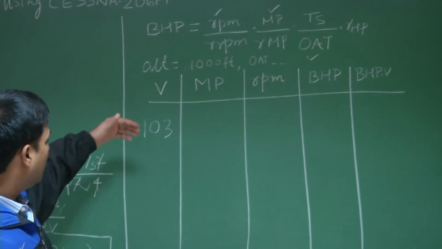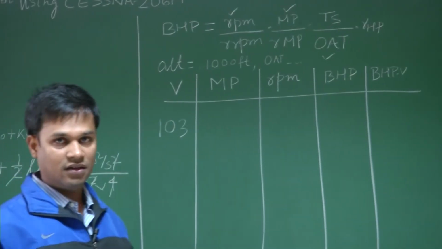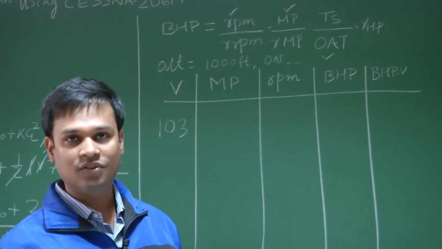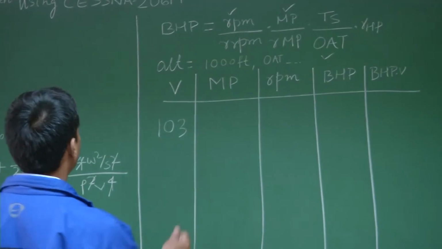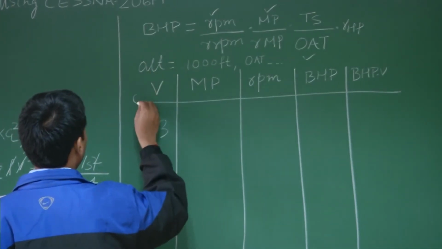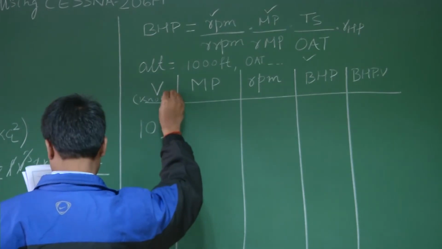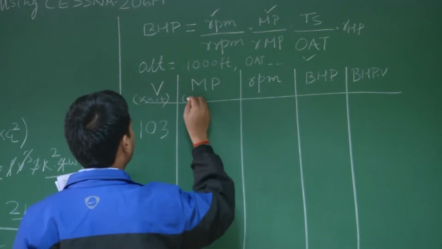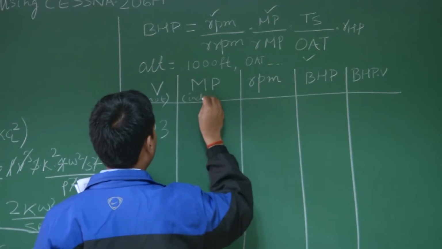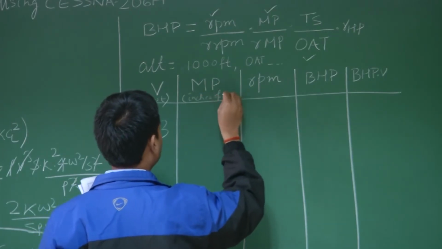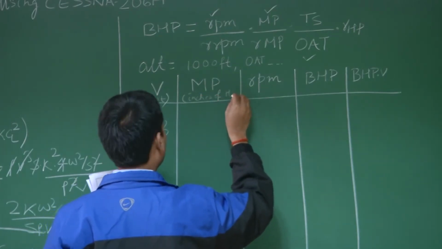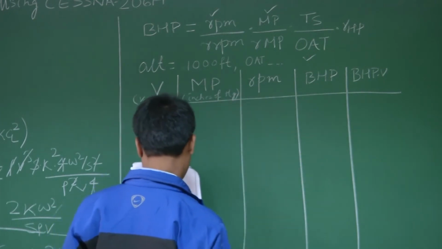Here in the aircraft you will get velocity in terms of knots, so I'll write knot here. Manifold pressure will come in inches of Hg, so I should write inches of Hg, and RPM is RPM.